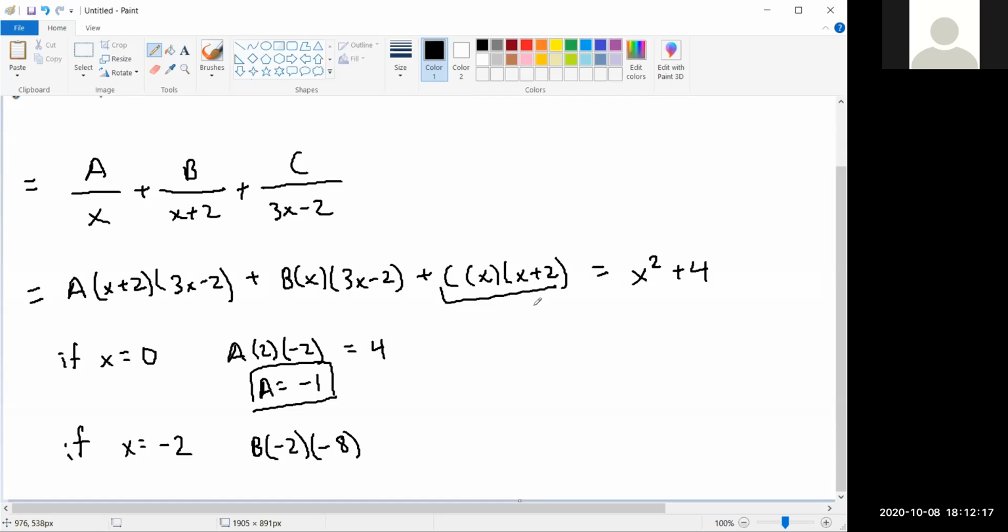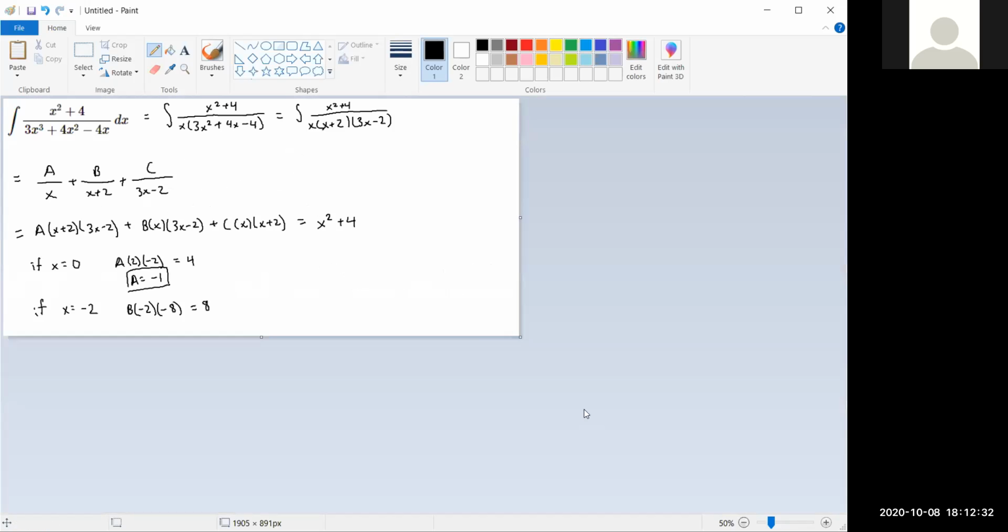This term would also go to 0, is equal to 4 plus 4, 8. So that gives us B is 1/2, I think.